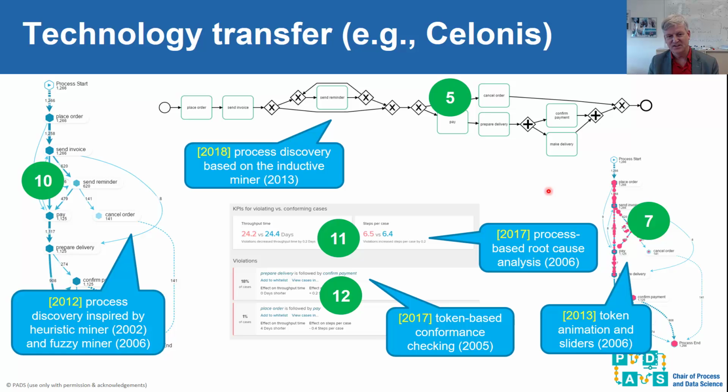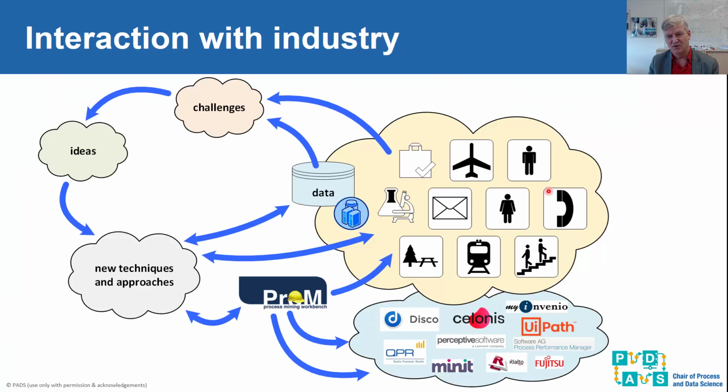So this is nicely showing how things developed in academia ended up in commercial tools, and this shows a bit how these interactions work. So we develop new algorithms, apply them ourselves in all kinds of, let's say, real-life settings.